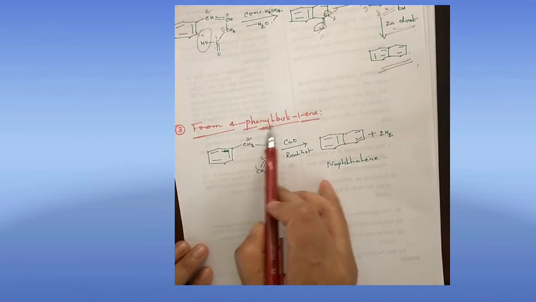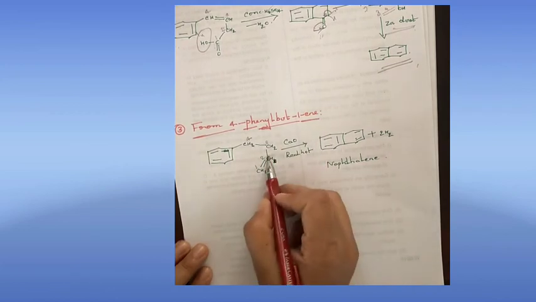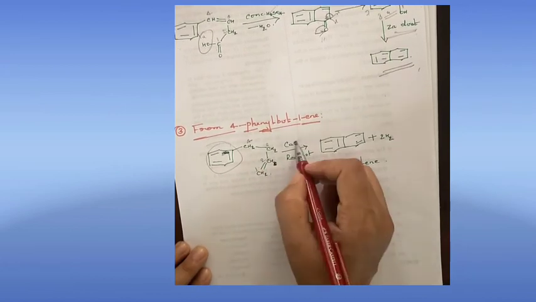Next, the last reaction. That is from 4-phenylbutene. 1, 2, 3, 4, 4-phenyl. Okay, it is a benzene ring. 4-phenylbut, 1, 2, 3, 4 carbon. Ene means there is a double bond, that is treated with red hot calcium oxide, that gives naphthalene, followed by what is that?